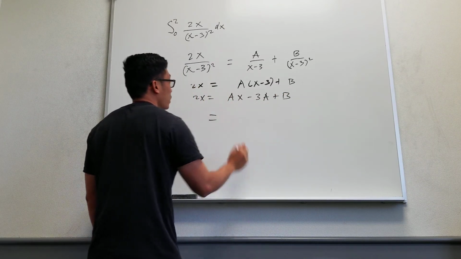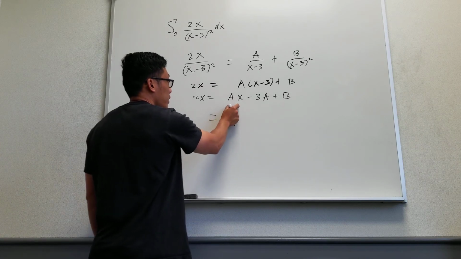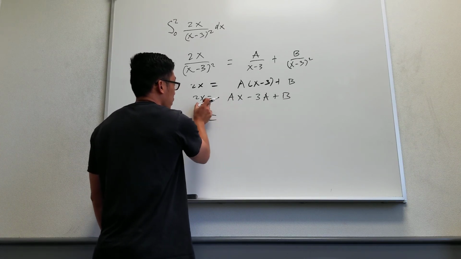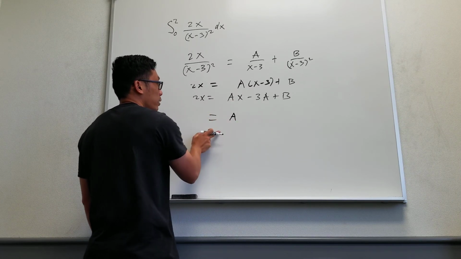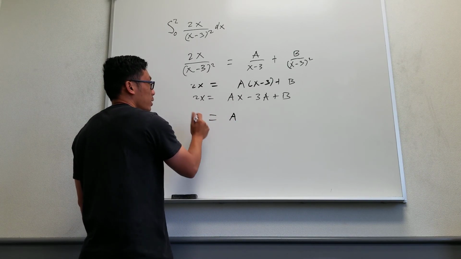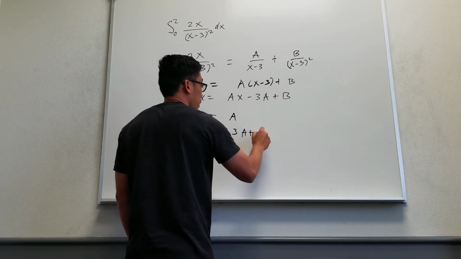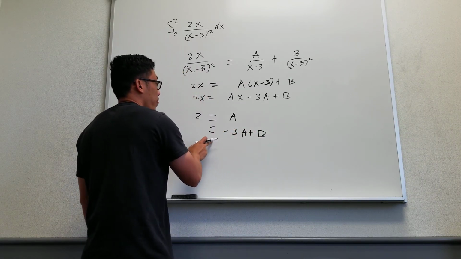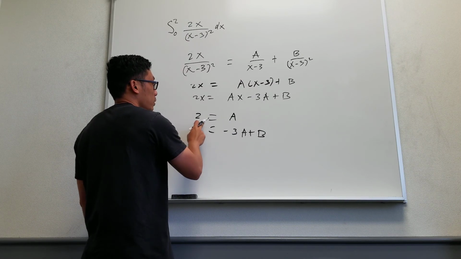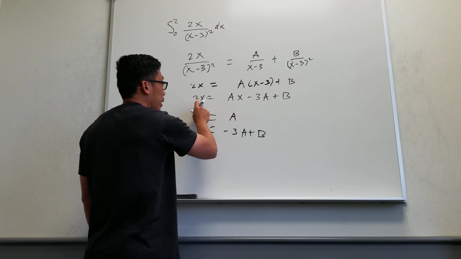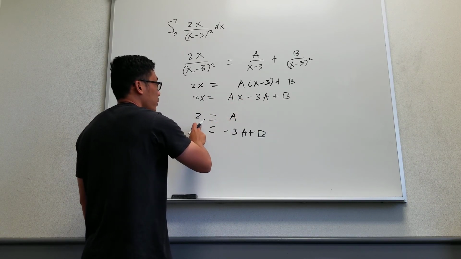Now what do I do next? Now I've got to match it. You see how I have Ax here? So this is the 2x, so we've got to have A equal to 2. Now we have negative 3A plus B, right? What's it equal to? The x and the x are to the first power, and this one is to the 0 power. You don't have it here.